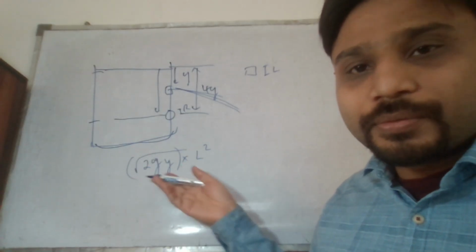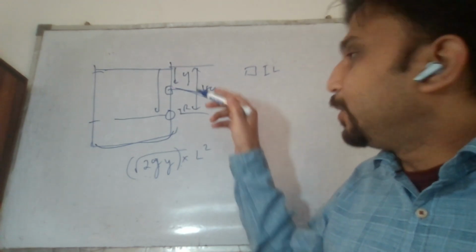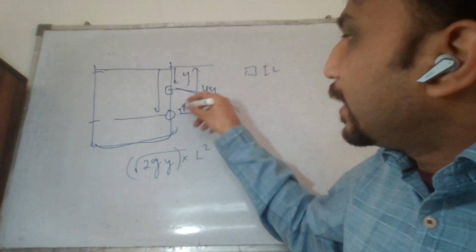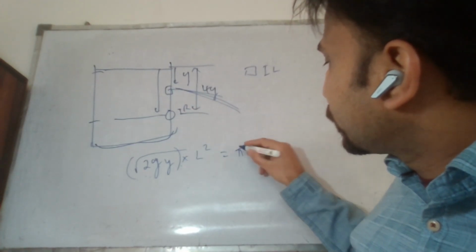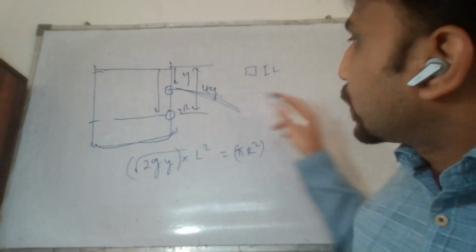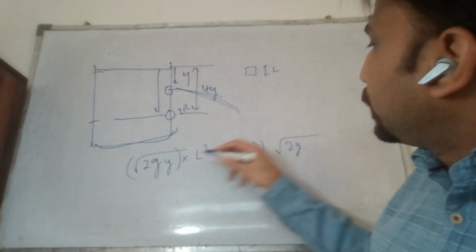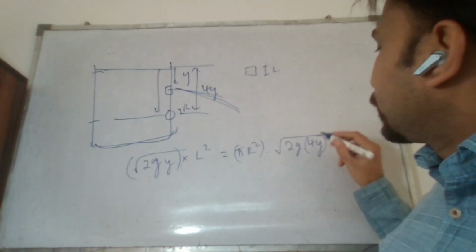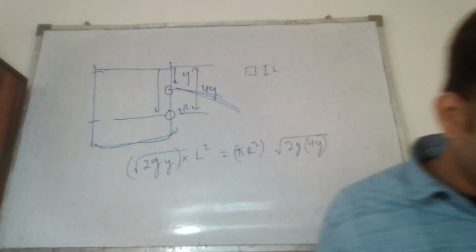Velocity of the fluid with which it is coming out into the square area, L square, is equal to the area of the circular hole, that is pi r square, into the velocity with which it is flowing outside, that is root 2 g into y. Y is 4y, right? So that's it. The circular hole was at 4y depth, right?